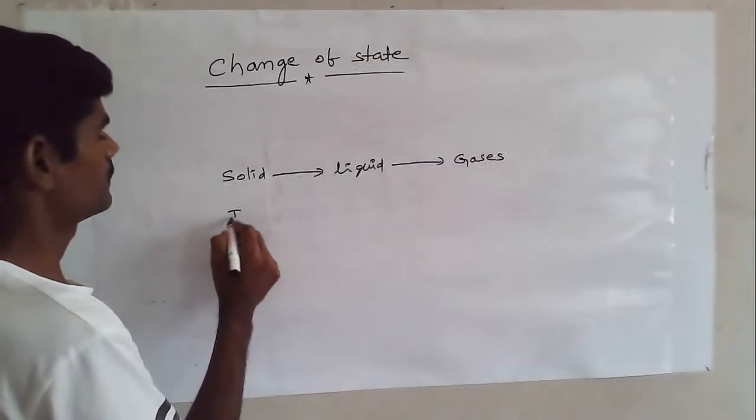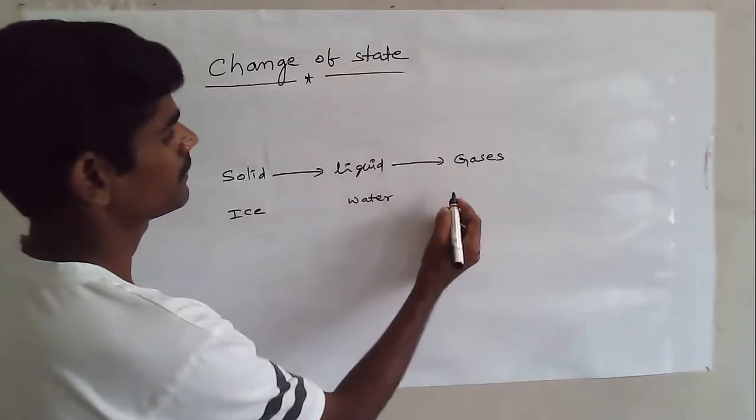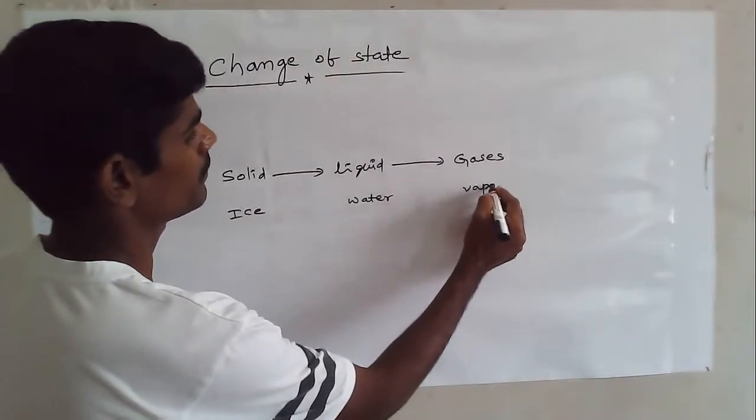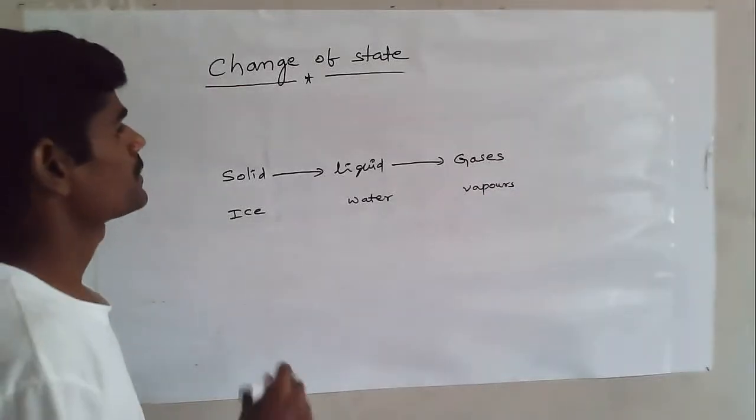For example, solid ice, liquid water, and water vapor. I am taking these as the examples for change of state.